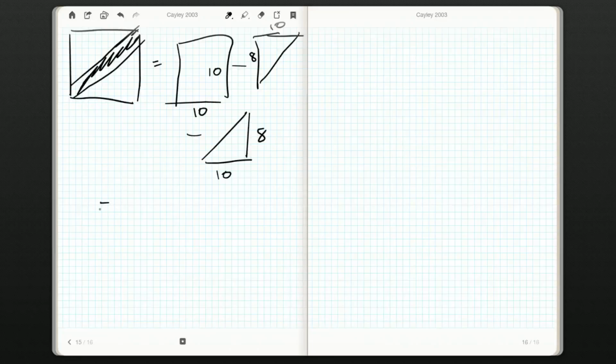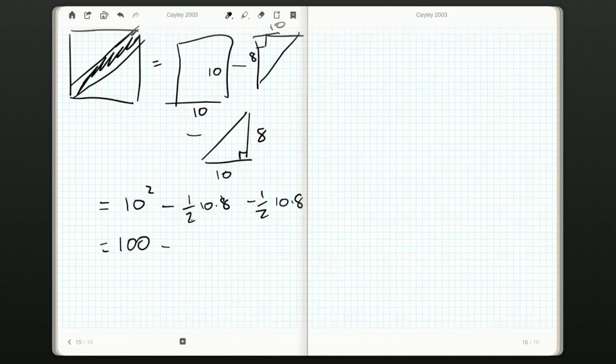So, the shaded region is going to be 10 squared for the area of the square minus the area of these two triangles, and since they're right angle triangles, because they're the corners of this square, we can easily figure out we got a base of 10 and a height of 8 here, so 1/2 base times height. And then for this other one, it's again 1/2 base of 10 times height of 8. So 10 squared, that's 100, minus a half of 80 is 40, minus another half of 80 is 40.